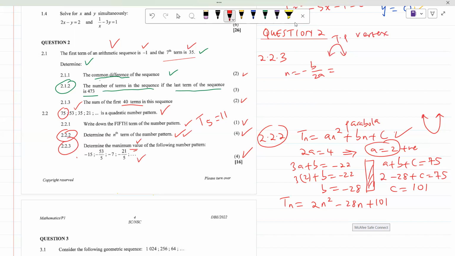The formula for the turning point is minus b over 2a. But the thing we're looking at is that we do not know the actual formula for this one.